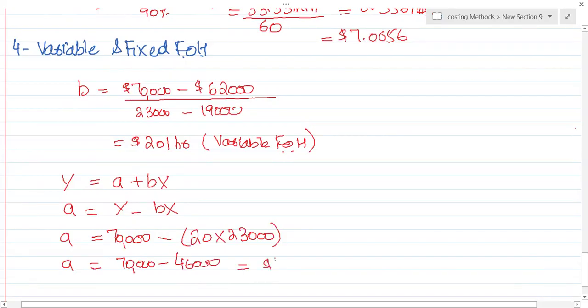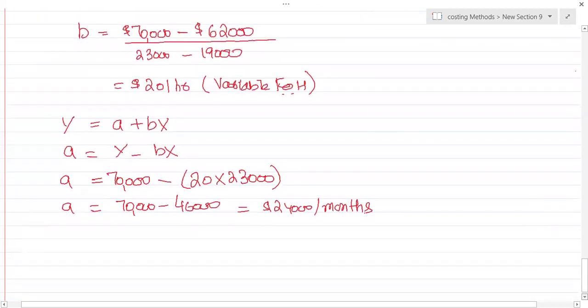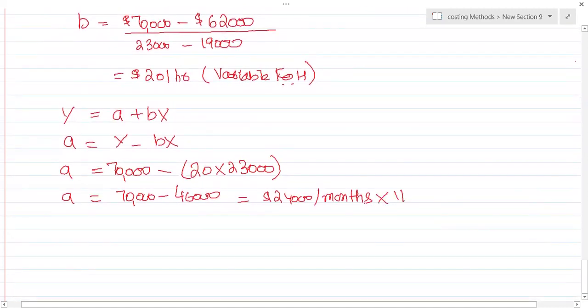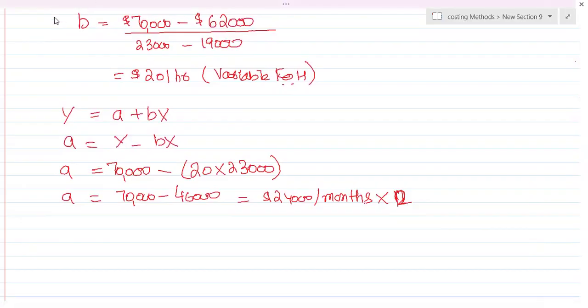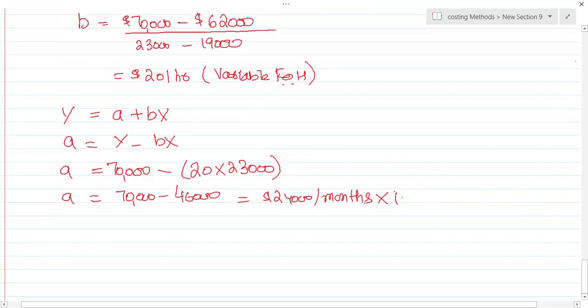So you will get 24,000 per month. But labor hours given for the fixed overhead absorption rate is annual. I will multiply with 12 to find the annual fixed overheads. So multiply with 12 months, total fixed overheads is 28 lakh 80,000.